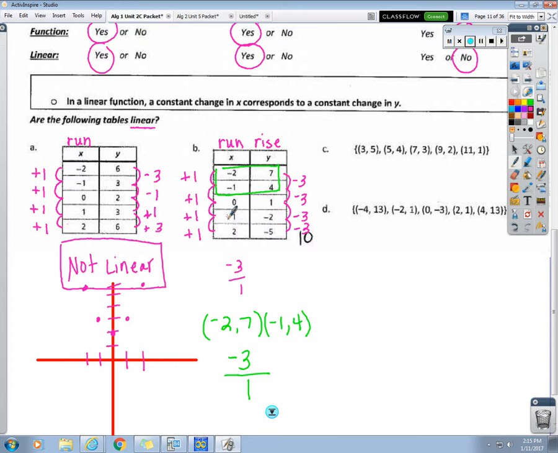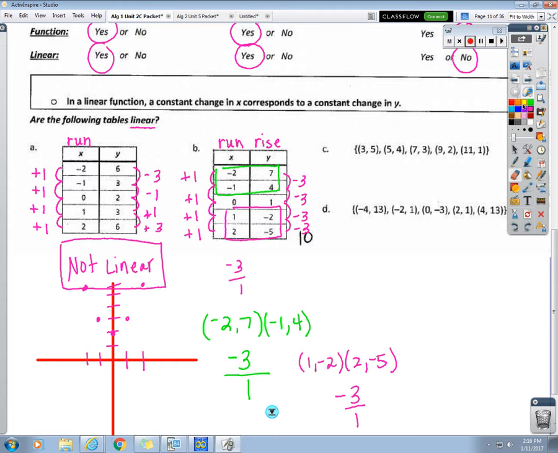Now say that I decide I want to do the slope of these 2 points, which are 1, negative 2, and 2, negative 5. y2 minus y1 would be negative 5 minus negative 2, and negative 5 plus 2 is negative 3, correct? 2 minus 1 is 1. See how no matter which set of points we pick, we got the same slope for both of them? That confirms it's linear. Also, you could graph those 5 points quickly.